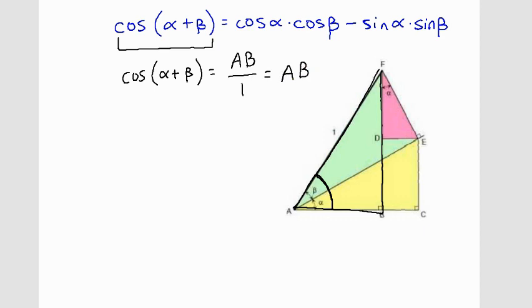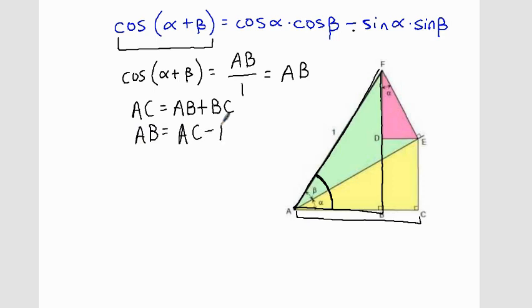Well, again, we've got a minus sign in the formula. We need to work that in somehow. So if we take this segment here, AC, notice that's AB plus BC, okay, great. We can go ahead and subtract BC, and then we get AB is equal to AC minus BC. We've worked in our subtraction sign.